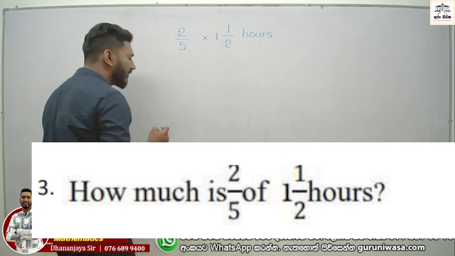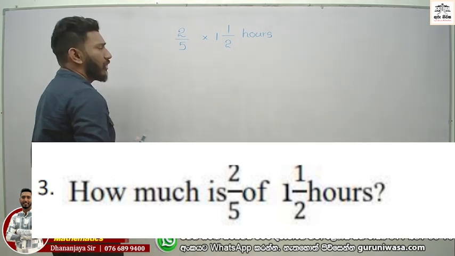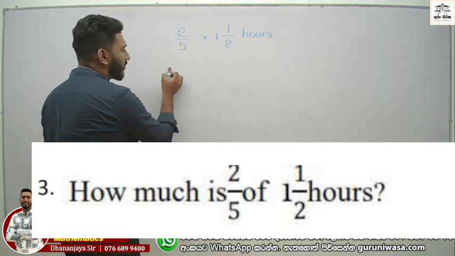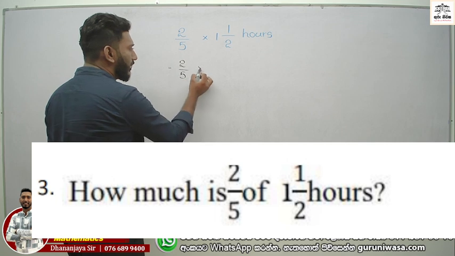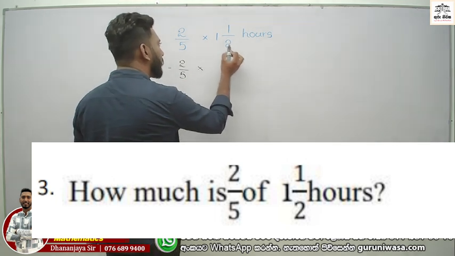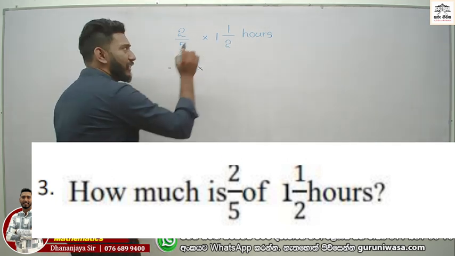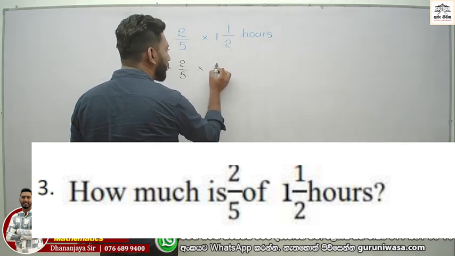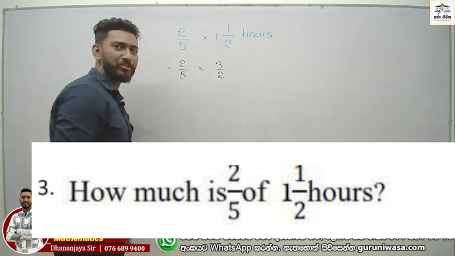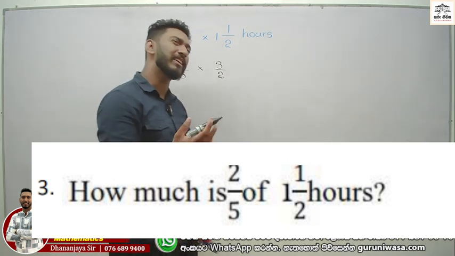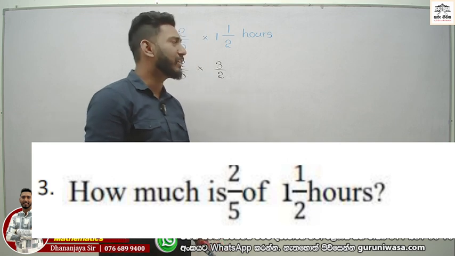You can change it to an improper fraction. How to change it to improper? The next step becomes 2 over 5 multiplied by 2 times 1 is 2, and 2 plus 1 becomes 3, so 3 over 2. Everyone knows 1.5 means 3 divided by 2, the half of 3.